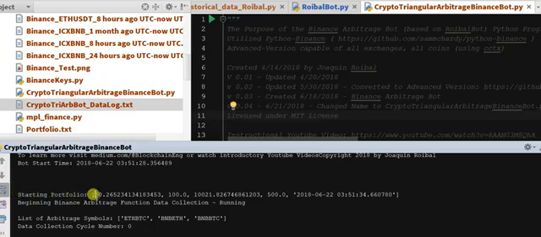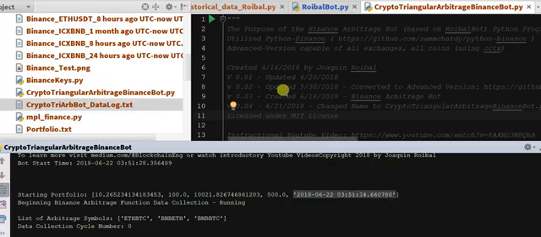In this make-believe portfolio for right now, it has 10.265 Bitcoin, 100 Ethereum, 10,021.82 tethers, and 500 Binance coin, as well as the date and time that our last portfolio trade was done.